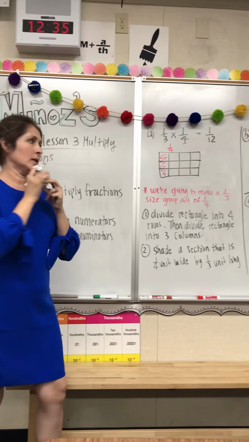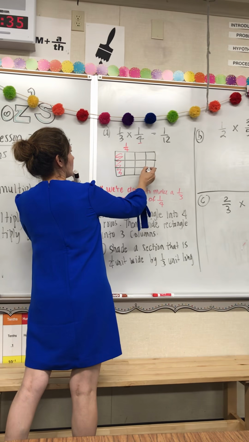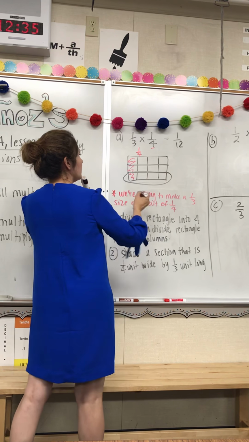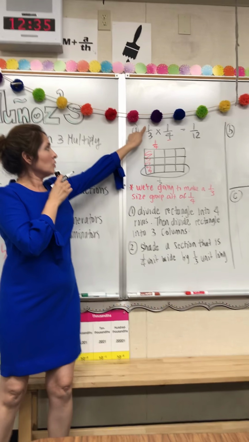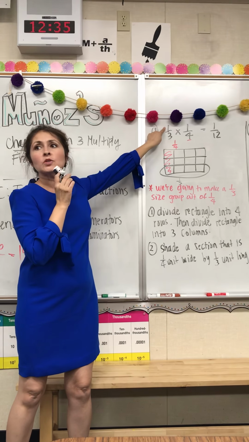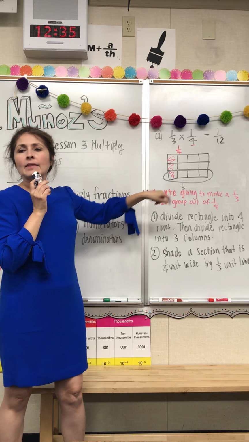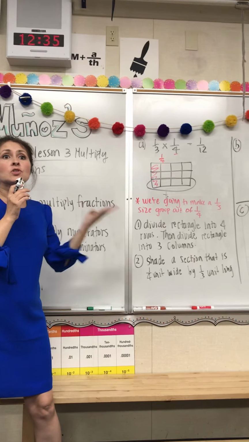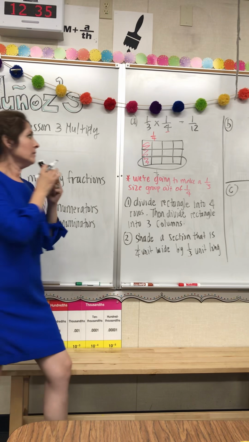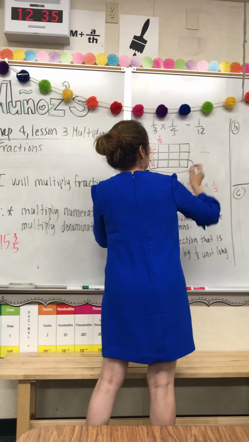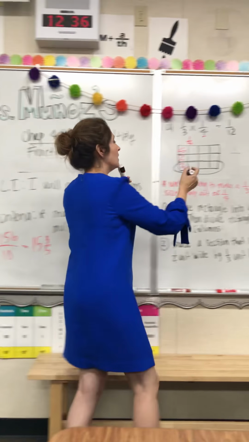It's only one of the 3 rows I am going to be circling. So it doesn't matter where you circle it. I'll circle it down below here. This represented a third. Now, I circled 1 because 1 was the numerator here. That is why I circled 1 of them. Does that make sense? And then you ask yourself, now the answer is in the circle. How many are shaded? 1. Out of how many total boxes? 12. And the answer is 1/12.